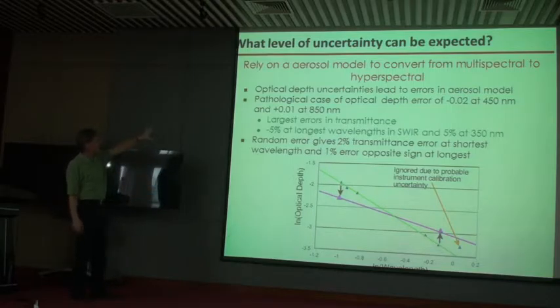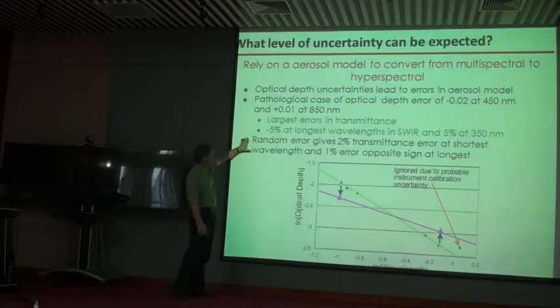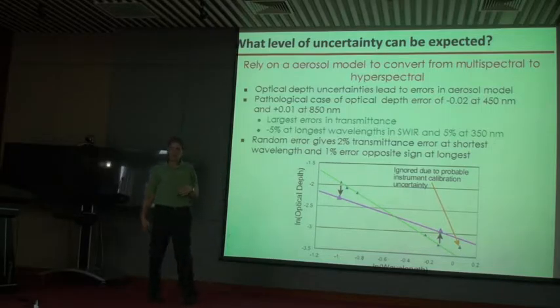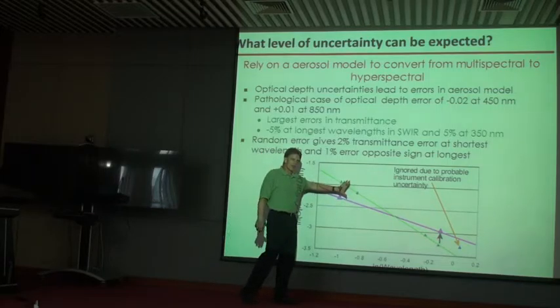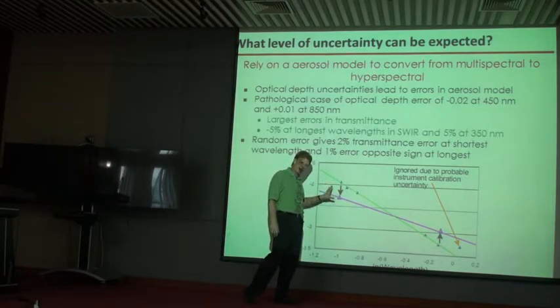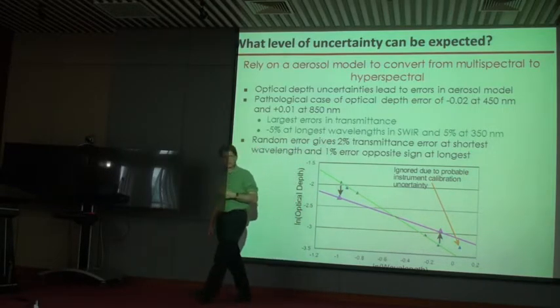And that's the worst situation that we can come up with. And it's, in terms of transmittance, if you go to random, you end up with a 2% transmittance there at the shortest wavelength and 1% at the longer wavelengths. So now you start to see that we have ways that we can start to parameterize based on what we know of our uncertainties in the measurements, what that would go into in terms of what would be the inputs into the radiative transfer code.